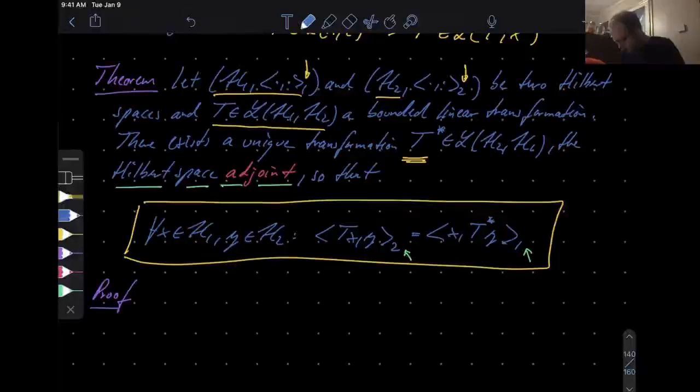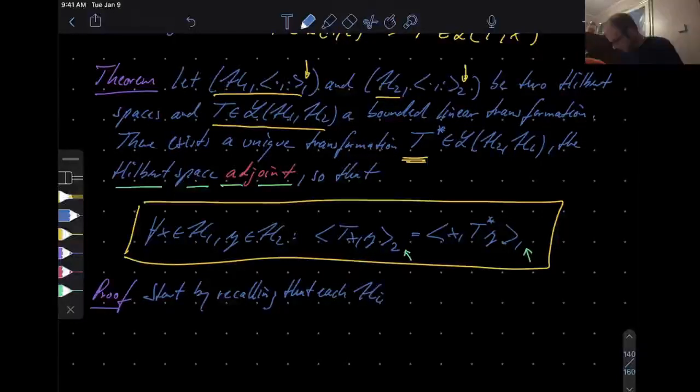So first of all, I already said this in words. Start by recalling that each H sub i here is isomorphic to its own dual space. This is a consequence of the Riesz representation theorem. We did it in detail. All right.